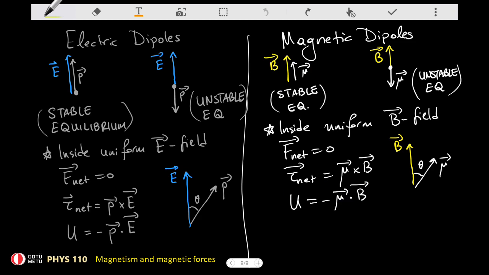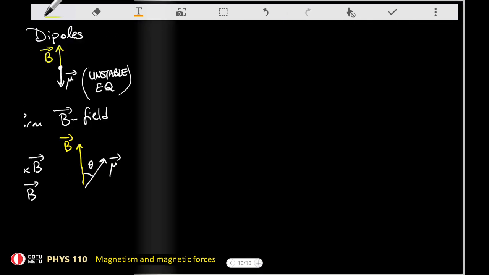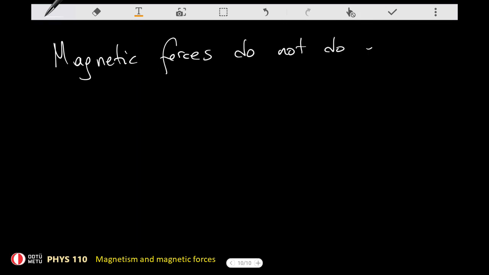All right. So next, let me briefly try to answer that obvious contradiction. We have said this as a general rule, that the magnetic forces do not do any work on charged particles.